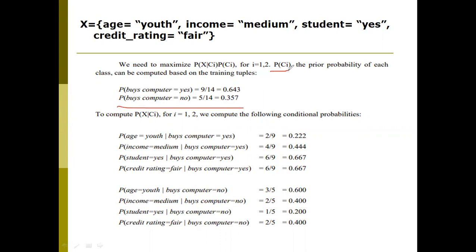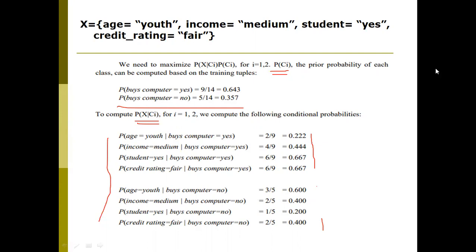These are for P of Ci, and these all are for P of X given Ci. Now what we have to do, we can multiply all these values by using the formula P of X given Ci equals the product of P of Xk given Ci, isn't it?